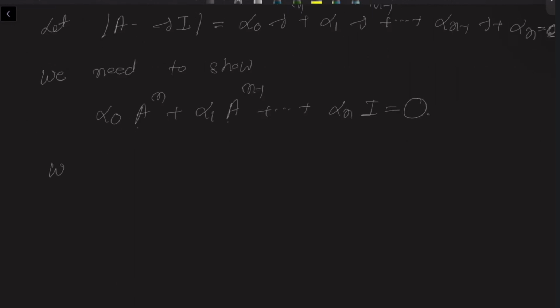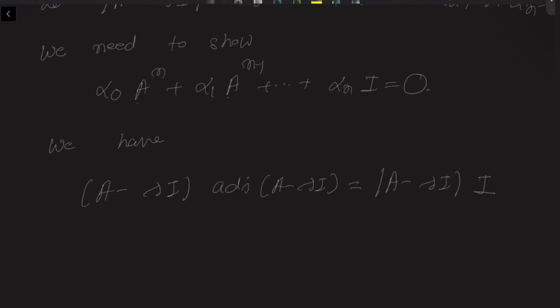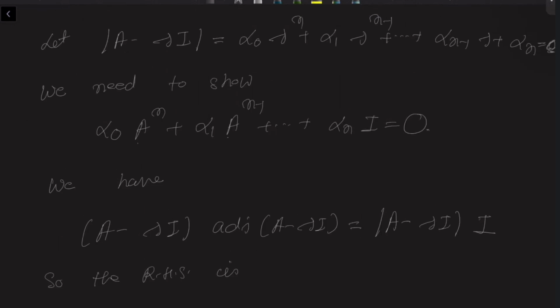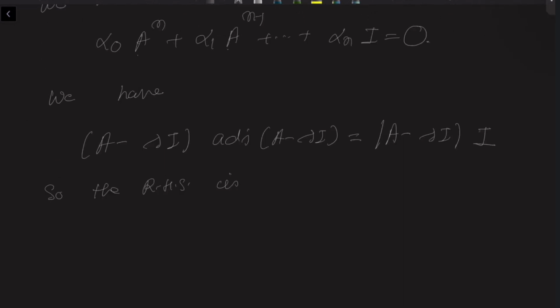So we have A minus lambda I times adjoint of A minus lambda I. What is this? We just saw it is nothing but the determinant of A minus lambda I, multiplied by the identity matrix. So on the RHS, I am going to replace the determinant of A minus lambda I by my original quantity. What do I get?